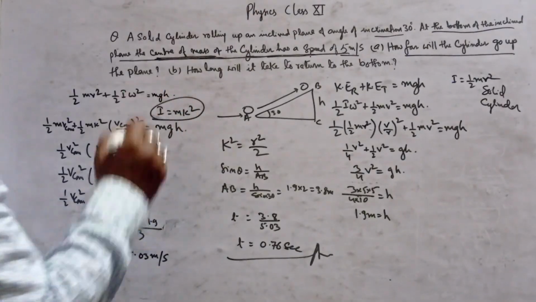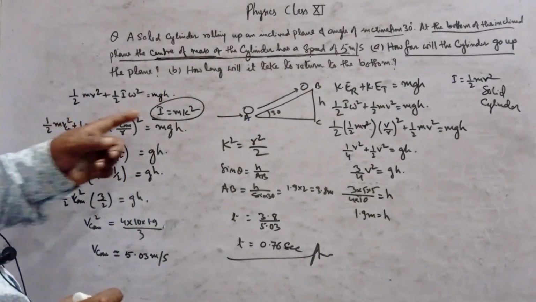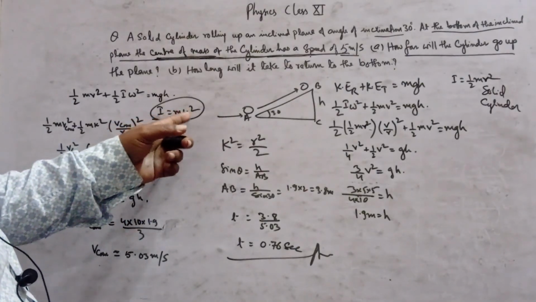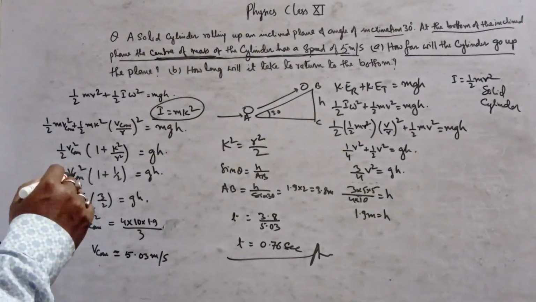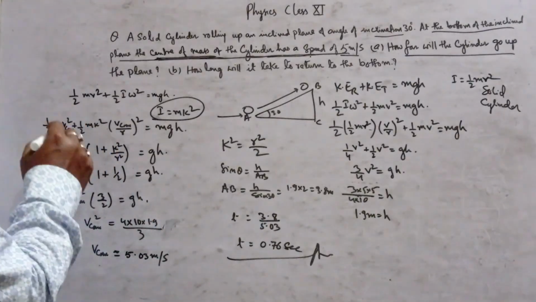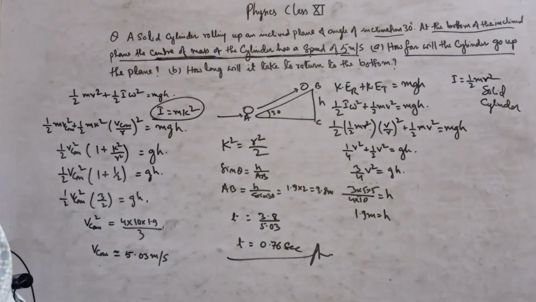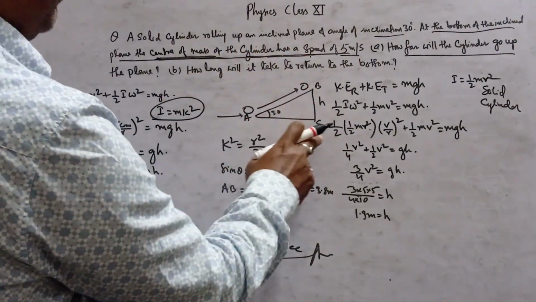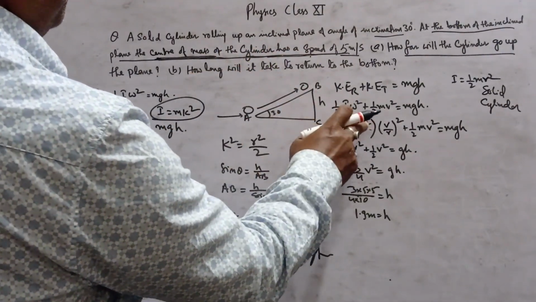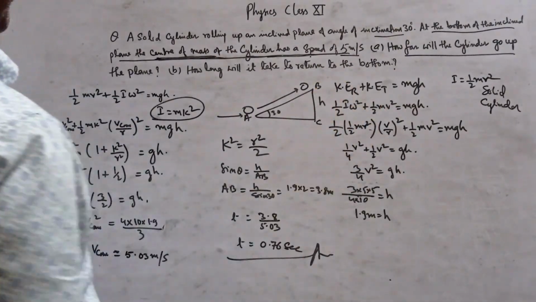But the only thing here is that instead of I, we are going to consider I equal to m k square, where k is the radius of gyration. We are considering the velocity of the center of mass of the cylinder. Initially the speed of the cylinder was given here, so we take the value of v only, and we kept v here.